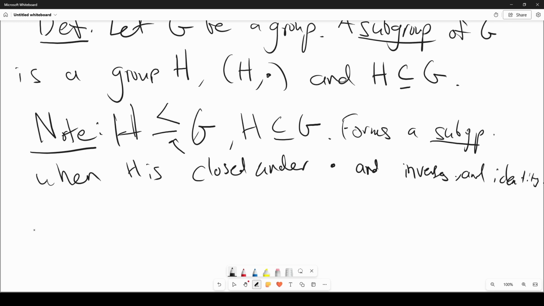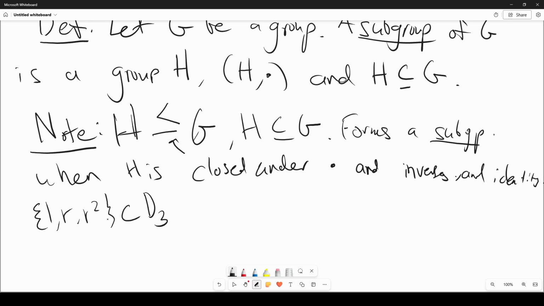So basically, H needs to be a group, so it needs to satisfy all the regular properties that G satisfies. It needs to have an identity, needs to have inverses, and needs to have an associative multiplication. Now, the problem with just choosing a subset of elements is that you don't necessarily know that if two of them are multiplied together, it'll stay in the subgroup. So let's take, for example, the subgroup {1, r squared} in D3. I'll do this example later, but it's good to introduce it now.